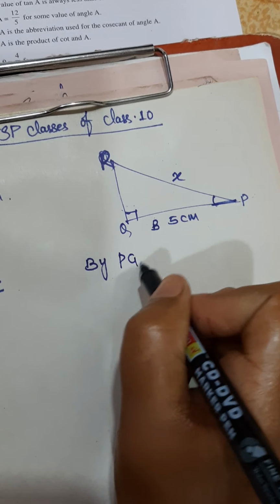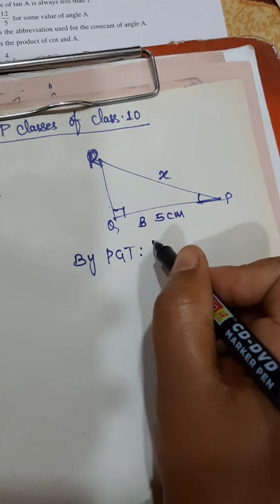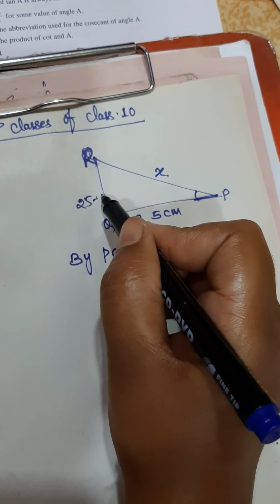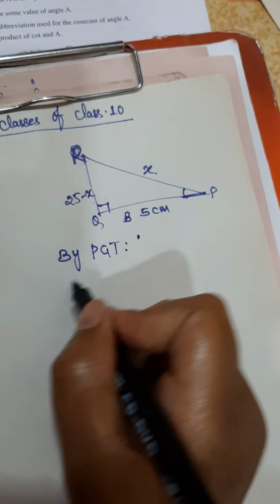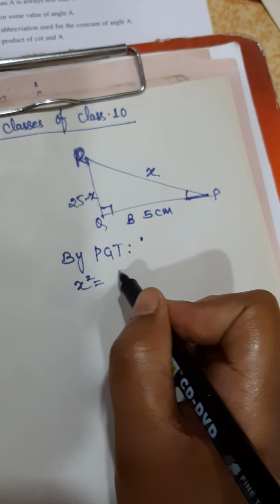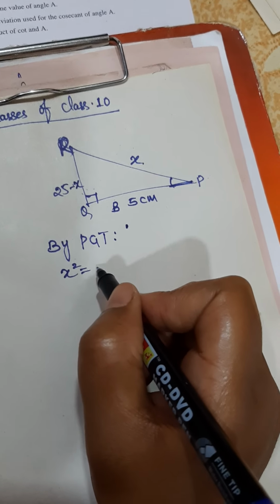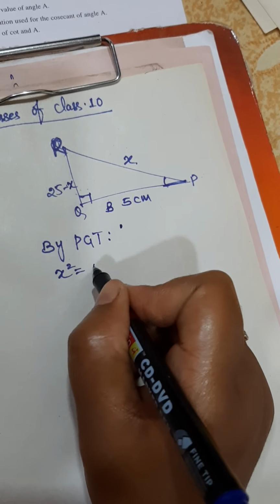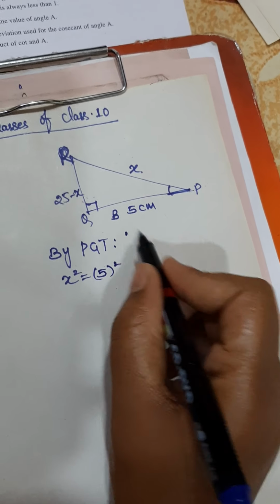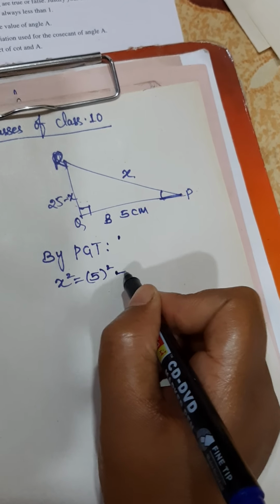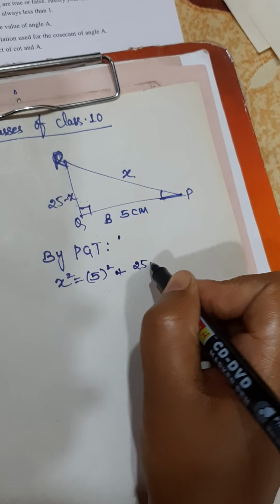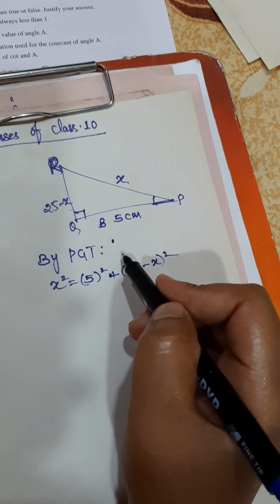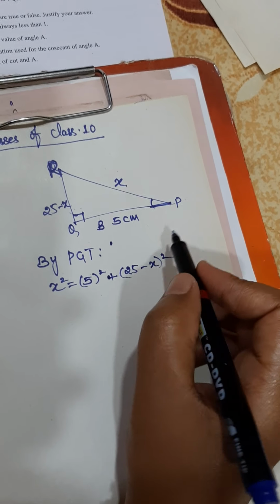Hypotenuse square is equal to 5 square, that is B square, plus 25 minus x whole square, that is P square.